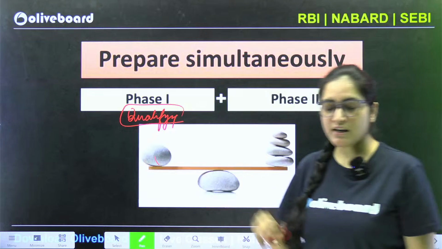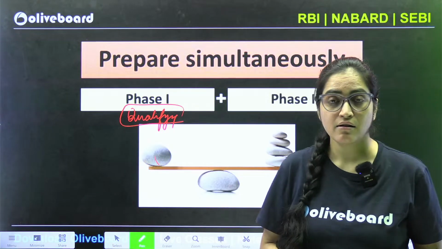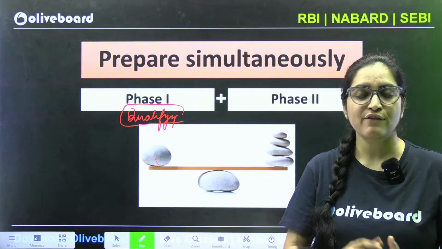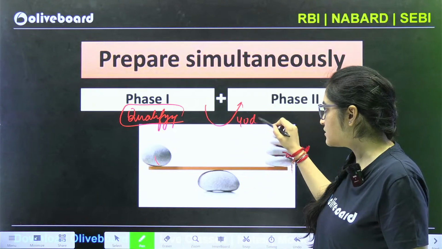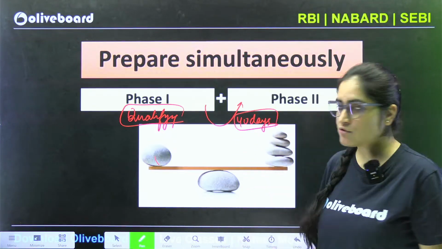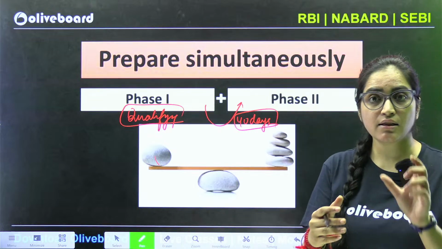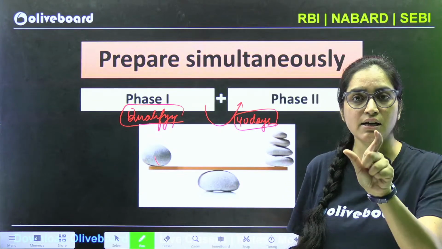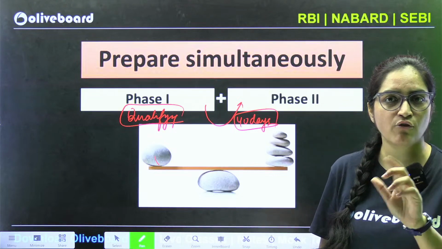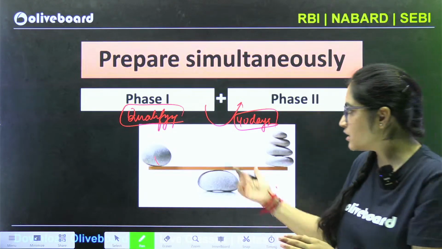I agree, phase 1 is qualifying, but what if you are able to qualify phase 1, but the difference between your phase 1 and phase 2 is roughly 40 days? And out of that, 20 days go in the nervousness of whether I'll be able to qualify or not, because your result comes roughly after 2 weeks. So 14 to 15 days is when the result comes after your phase 1.